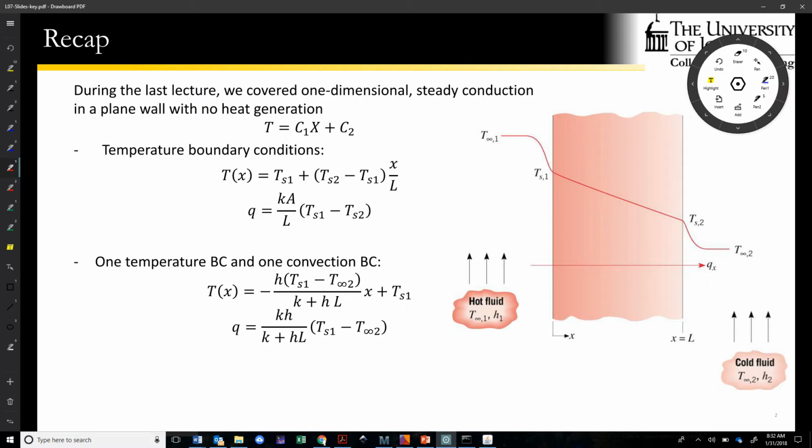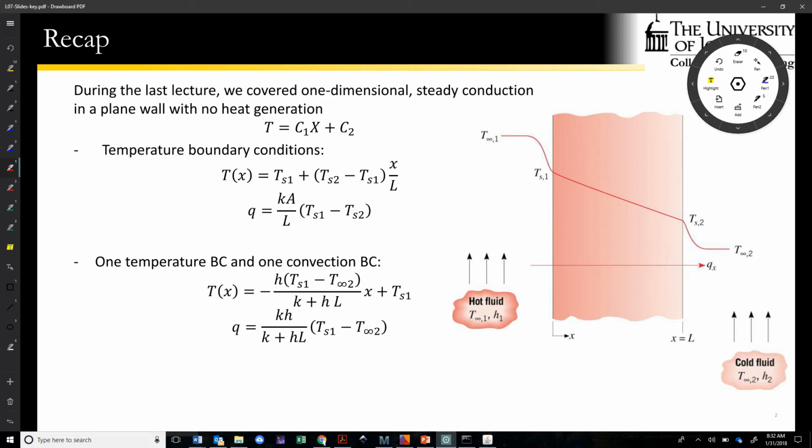So you'll have some surface temperature 1, surface temperature 2, and then if it's convective cooling rather than a fixed temperature boundary condition, instead of knowing TS1 or TS2, you might know the air temperature at 1 or 2. So it's going to be some combination of two of these temperatures that need to be known if you're solving one of these classic heat conduction problems involving either fixed temperature or convective boundary conditions.